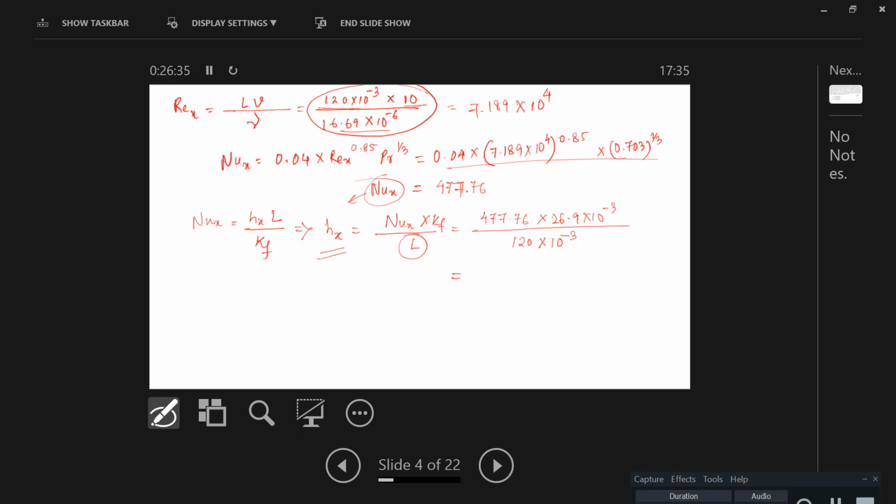Now please calculate this h_x. This 10 to the power minus 3 will get cancelled. 107.09.